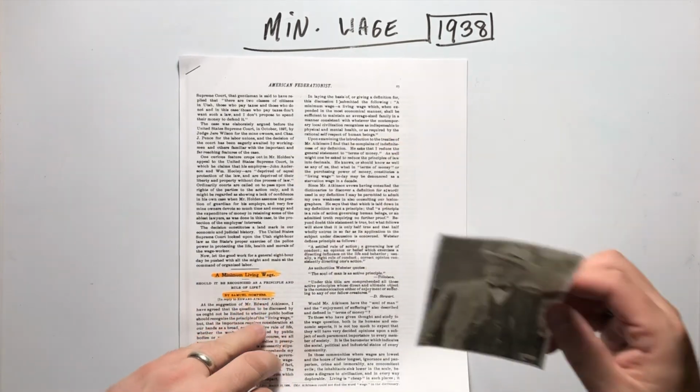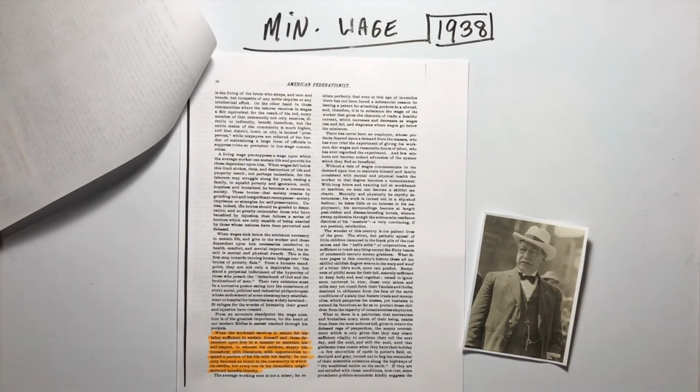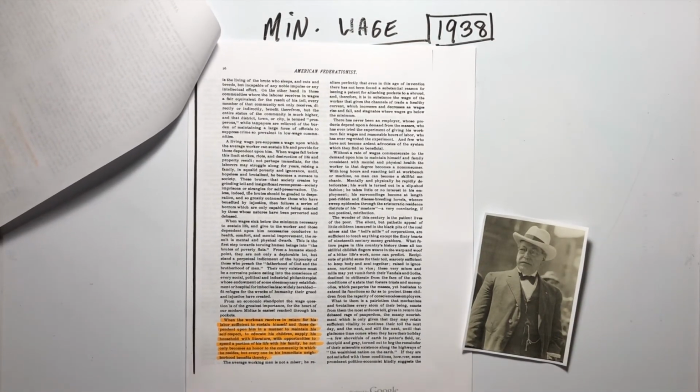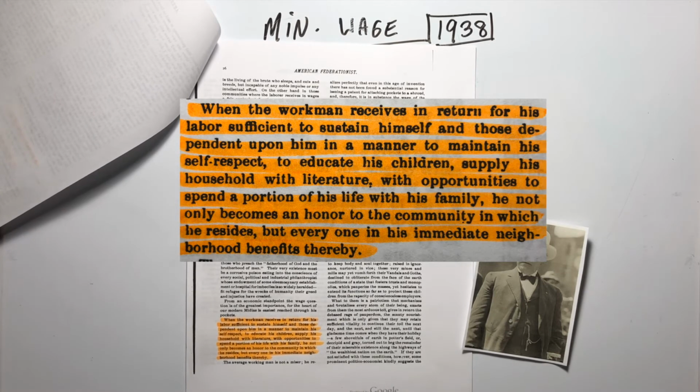Again, if we look at what he wrote, in part he said, "When the workman receives in return for his labor sufficient to sustain himself and those dependent upon him in a manner to maintain his self-respect, to educate his children, supply his household with literature, with opportunities to spend a portion of his life with his family, he not only becomes an honor to the community in which he resides, but everyone in his immediate neighborhood benefits thereby."